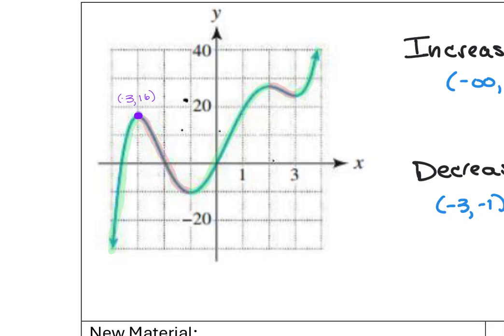Doesn't quite look like 15, so I'm going to go with 16, maybe a little bit bigger than that. And we're going with that because these tick marks on our y-axis are increasing by tens. And so I want a number between 10 and 20. It's a little bit closer to 20, but it's also a little bit more than halfway between.